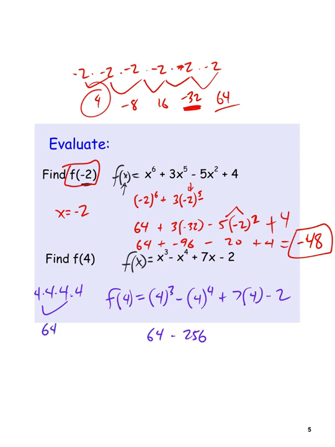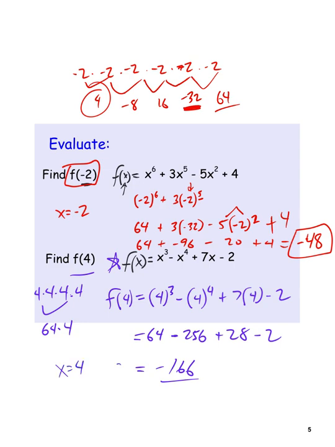There was a minus out front, so that would stay a minus there. Plus 7 times 4, so plus 28, minus 2. You take all those, add them up, 64 minus 256 plus 28 minus 2, and that gives you a value of negative 166 when we evaluate this function at x equals 4.